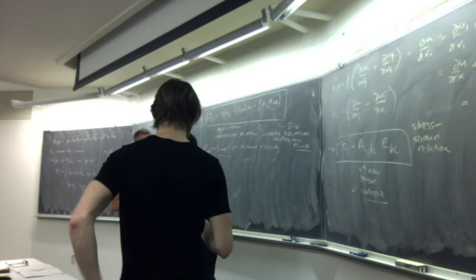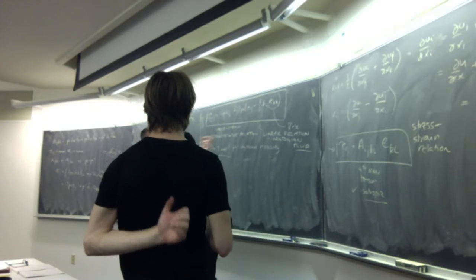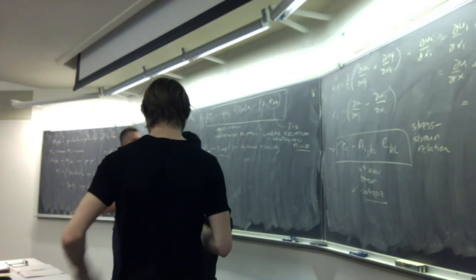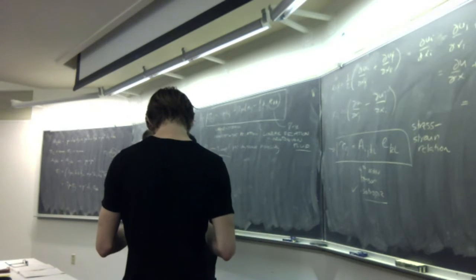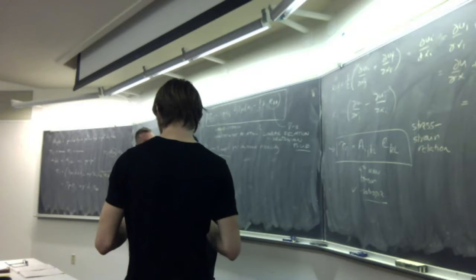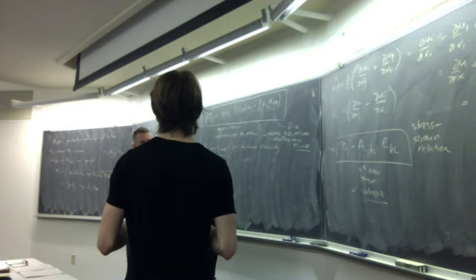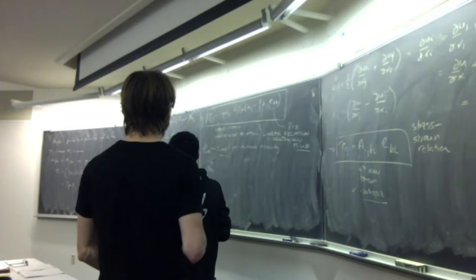The things that I'm going to write up next depend on this being a linear relationship. There are ways that people do it. People will write this linear relation and then make viscosity a function of something. But if it's a function of velocity or anything to do with velocity, then it was incorrectly derived.